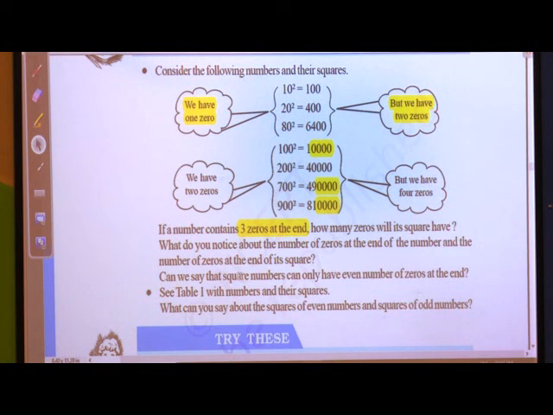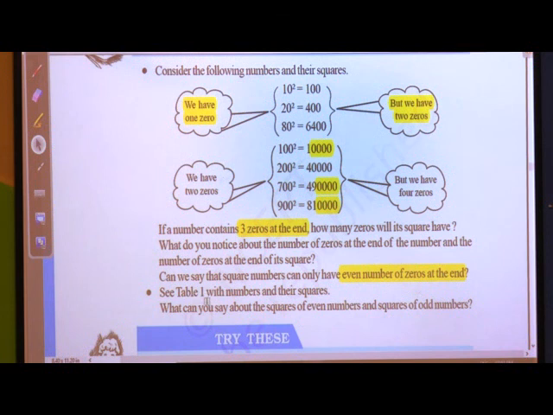Can we say that square numbers can have only an even number of zeros at the end?